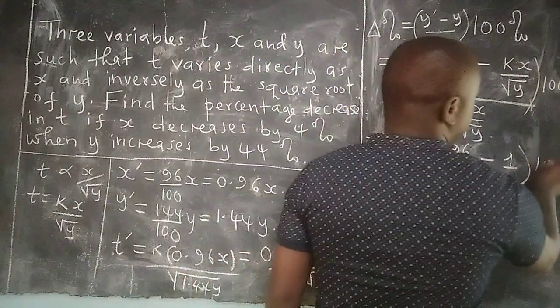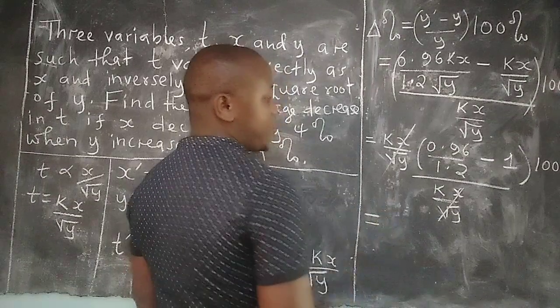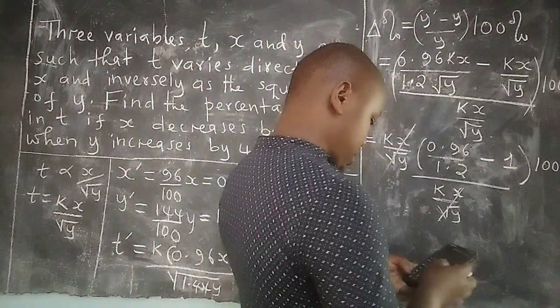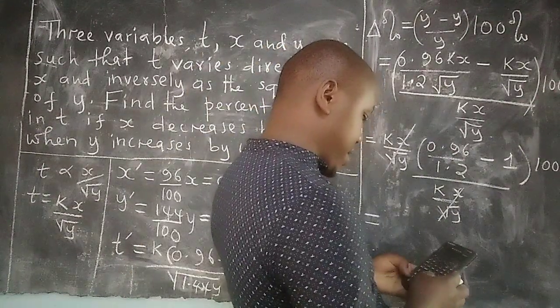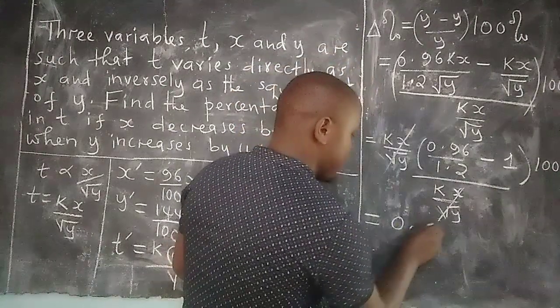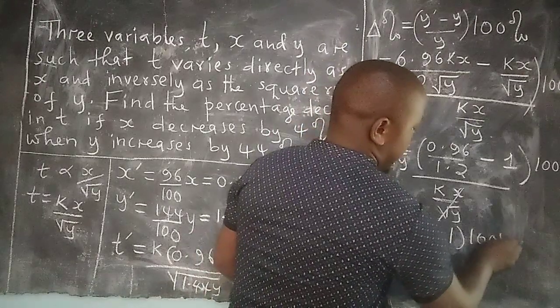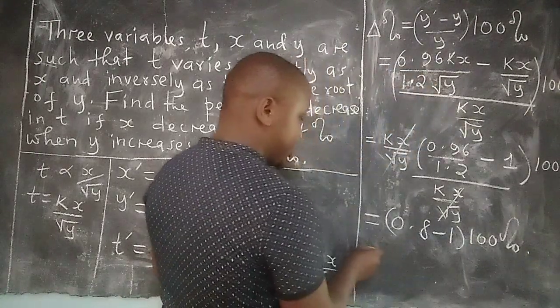Then times 100%, and this one will give us 0.96 divided by 1.2, 0.8, minus 1 expressed as a percentage.